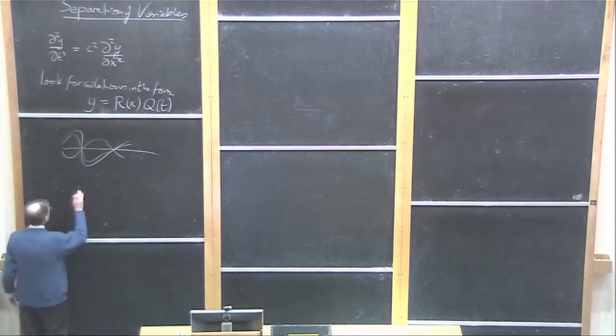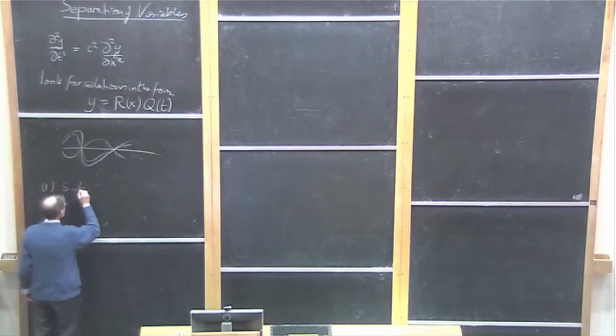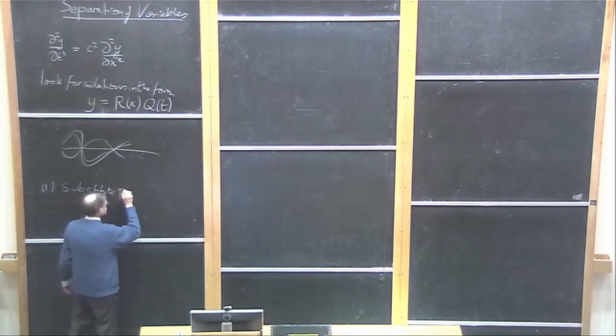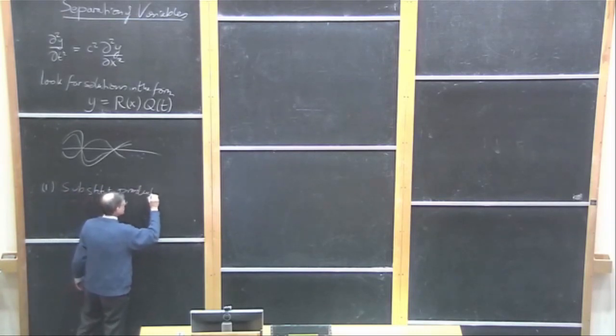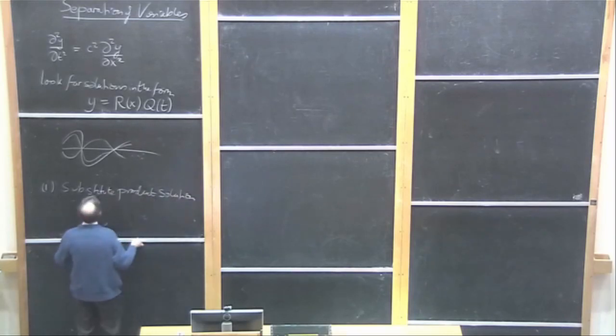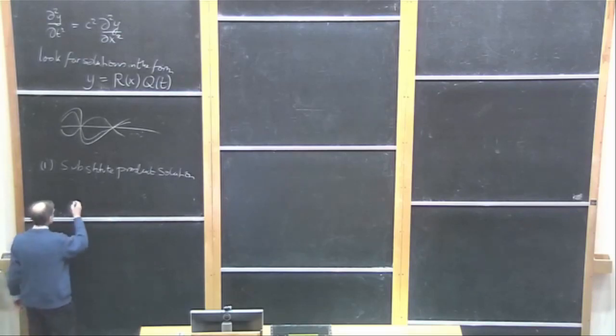So the method always has the following steps. 1, substitute. I don't know any example that doesn't follow these precise steps.